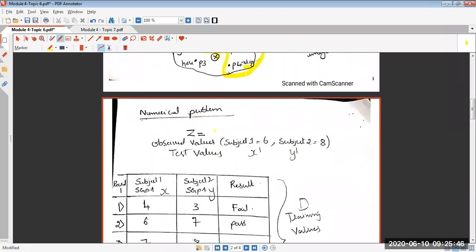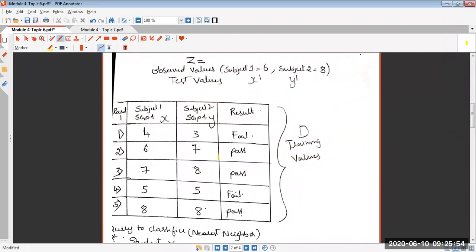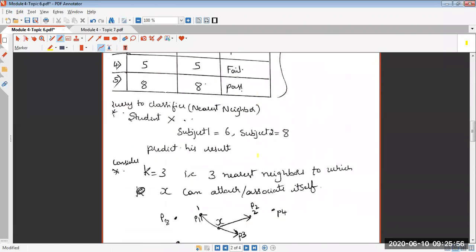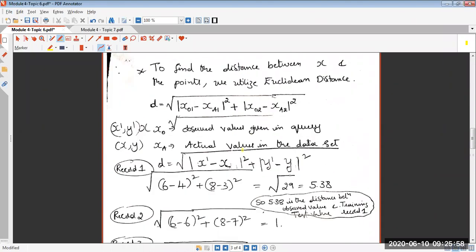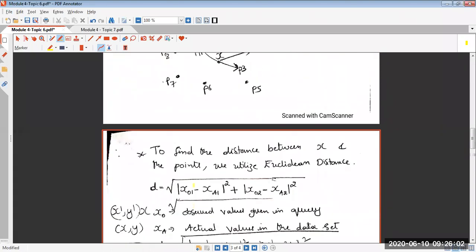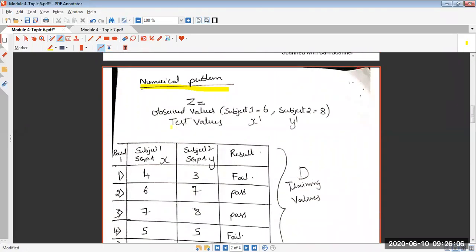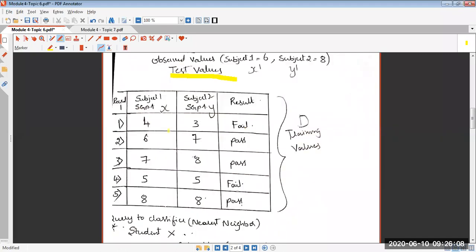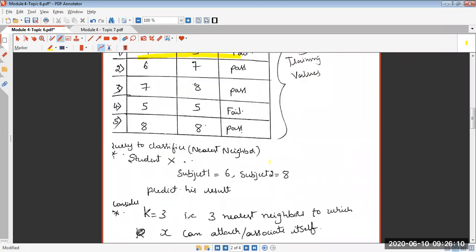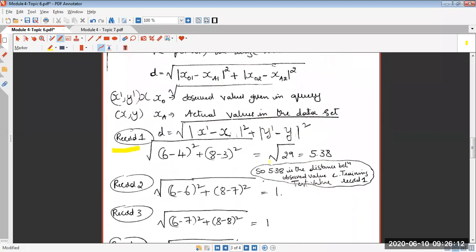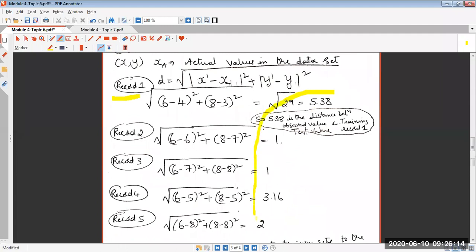We also understood a numerical problem. Whatever theoretical aspects we had discussed, you could see their reflections in this numerical problem. We measured the Euclidean distance between the observed values, or test values, and the training records. We got this result.